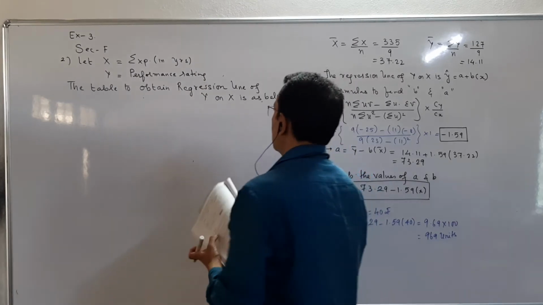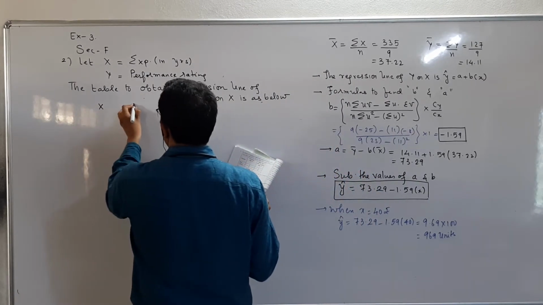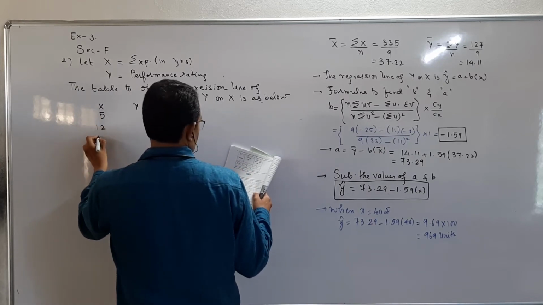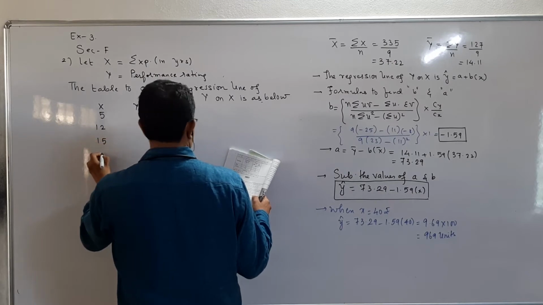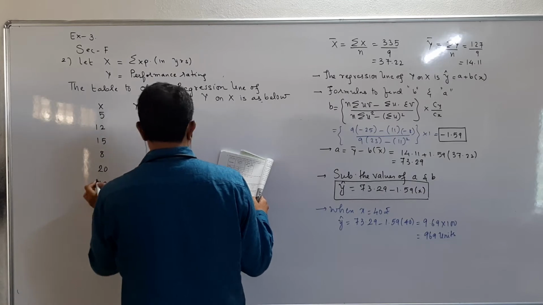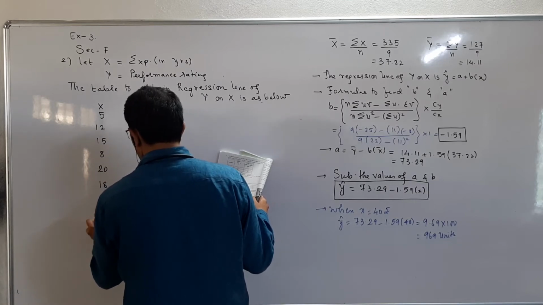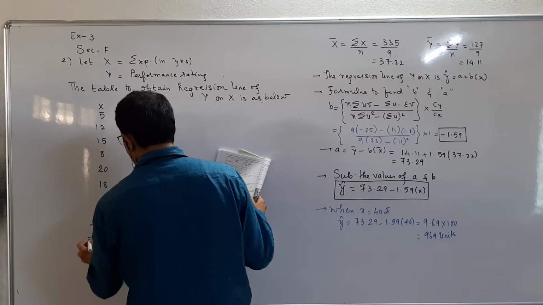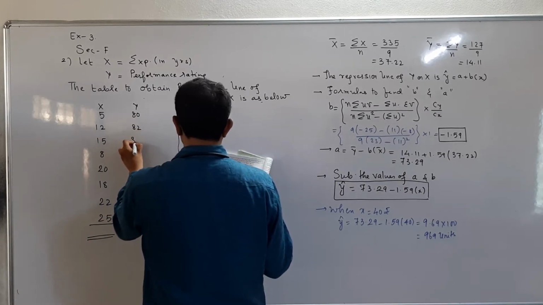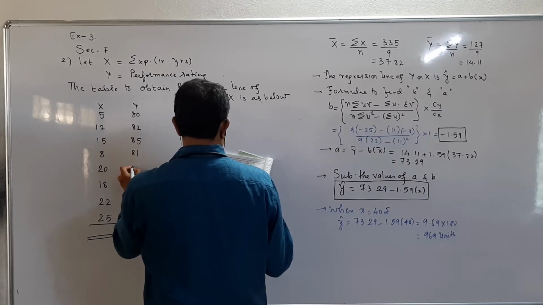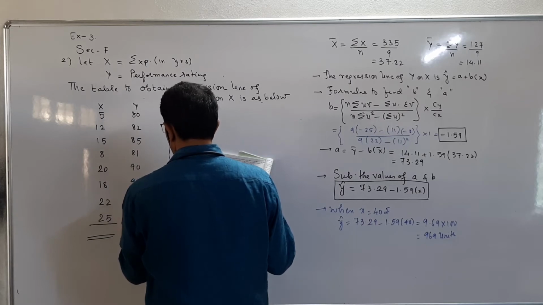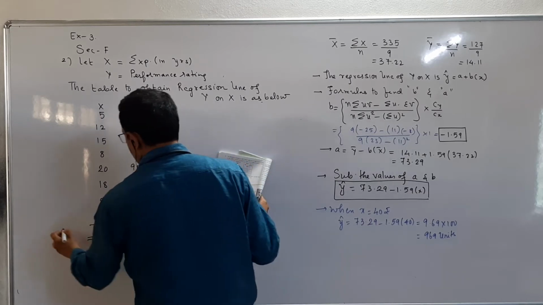Then students, let us note down the values of x and y. 5, 12, 15, 8, 20, 18, 22 and 25. The values of y: 80, 82, 85, 81, 90, 90, 95 and 97. Okay, students.